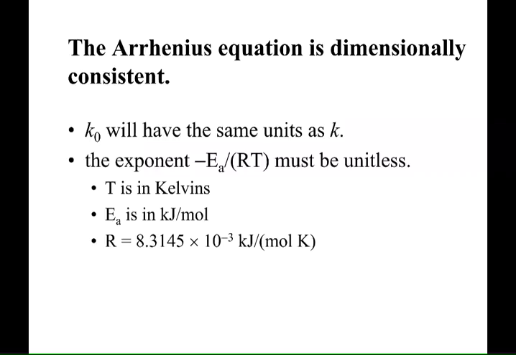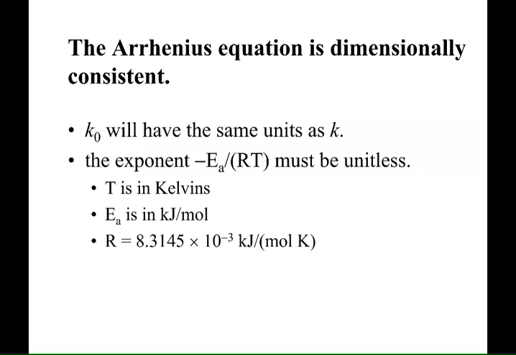And it will be unitless if you make sure that your units of temperature are in Kelvin, your activation energies are in kilojoules per mole, and you use the value of R as 0.00833145. In other words, 8.3145 times 10 to the negative third kilojoules per mole.